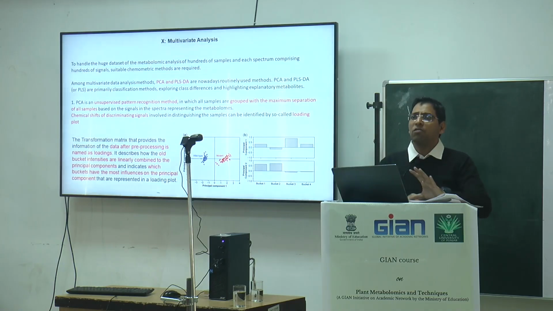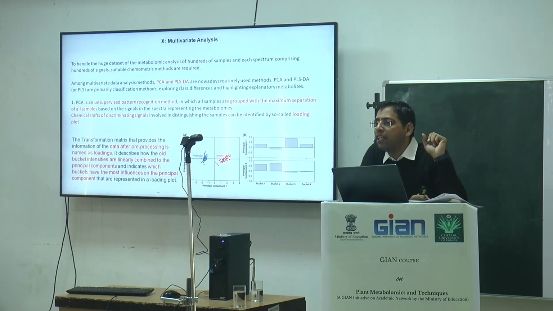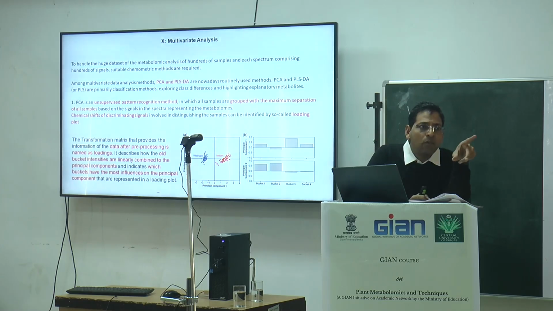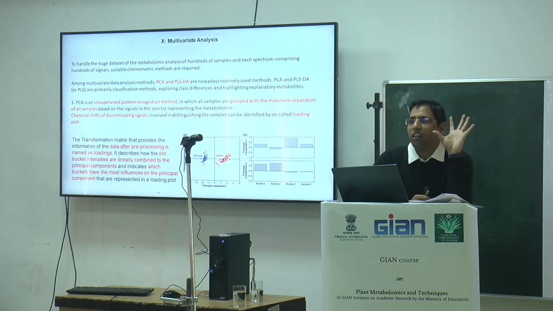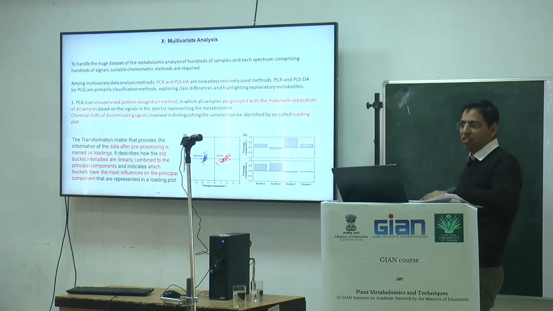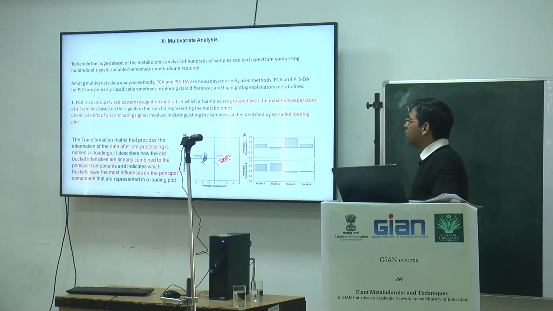In unsupervised analysis, we don't have in mind that we must discriminate on the basis of height only, or skin color. We have to find the pattern, small, little bit, big, and separate them into different groups. For that, PCA is the best one.